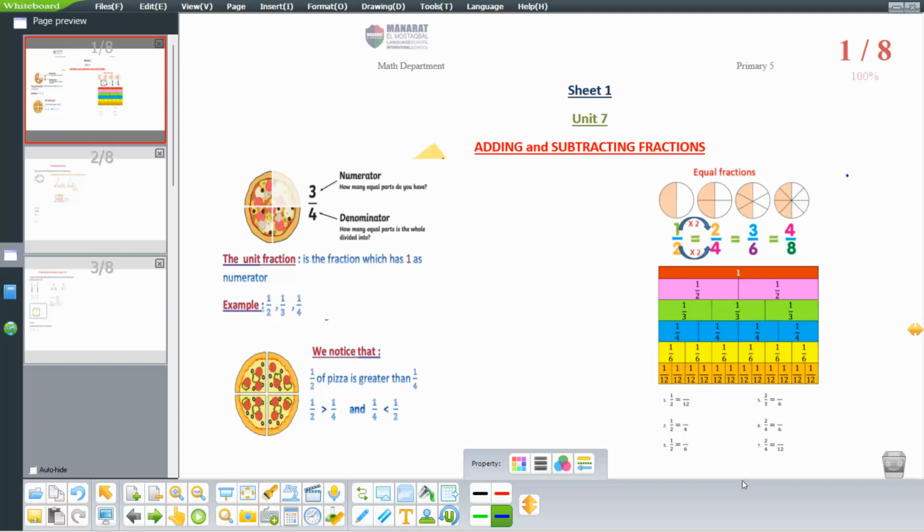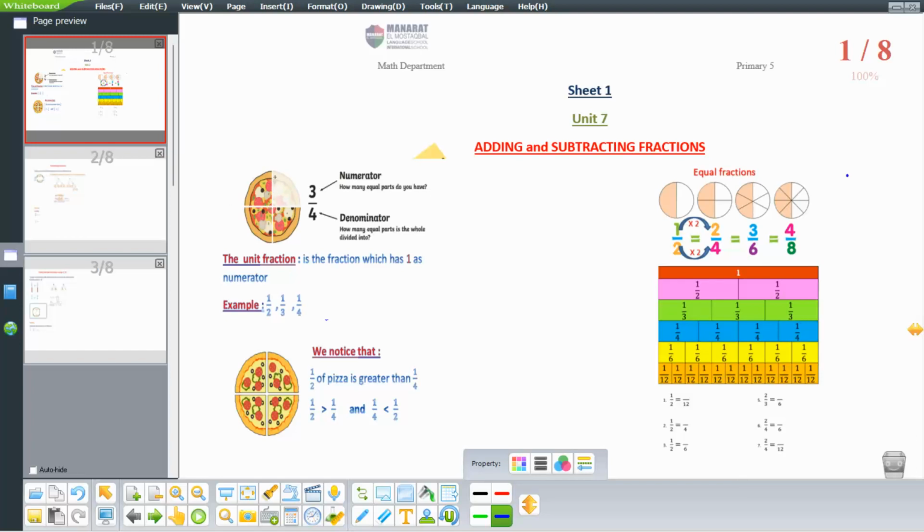Okay, let's remember the meaning of fractions. Fractions are like pieces of a pizza.